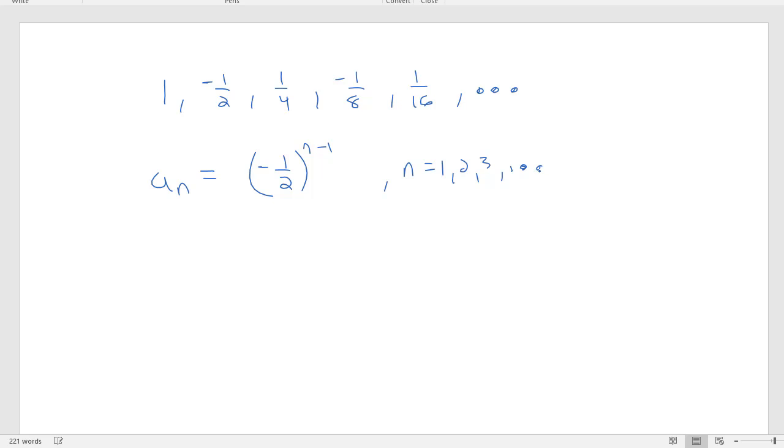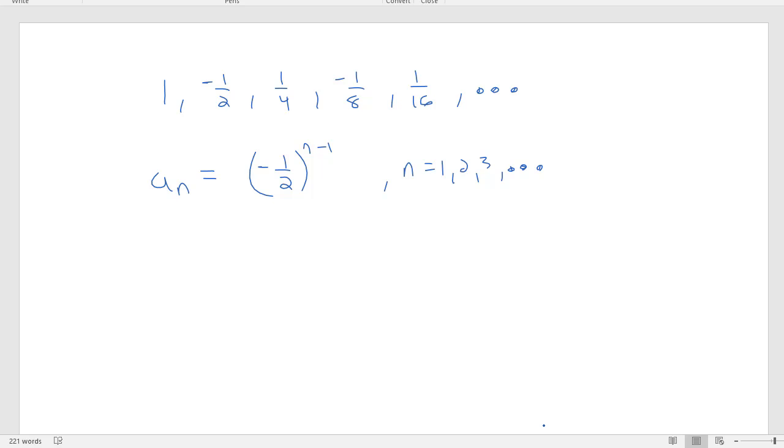If n equals 1, I get (-1/2) to the 0, which is 1. If n equals 2, the exponent is 1, so (-1/2) to the 1 power is -1/2. When I plug in n equals 3, the exponent is 3 minus 1, which is 2, and (-1/2) squared is 1/4, and so on and so forth. So here's the nth general term of my sequence.